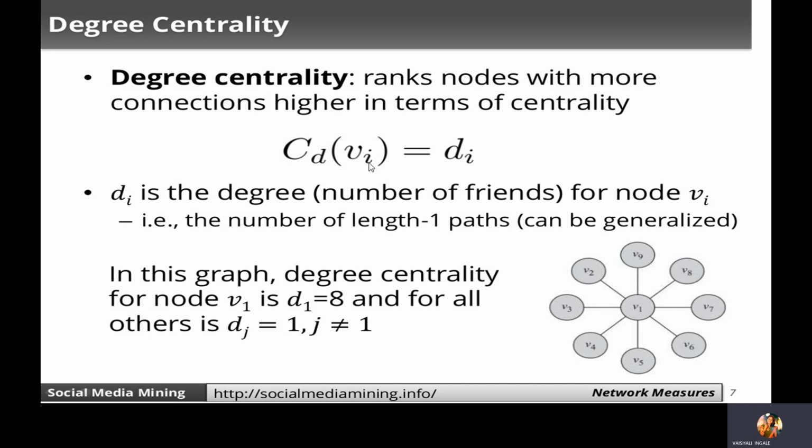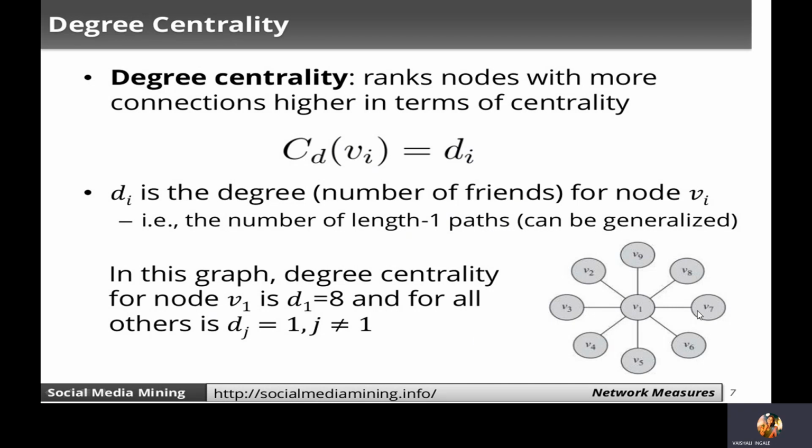The degree of the ith vertex is going to be represented by Cg, and that will be di. So di indicates the number of friends in the case of a social network, and in general, the number of links will be length minus 1.